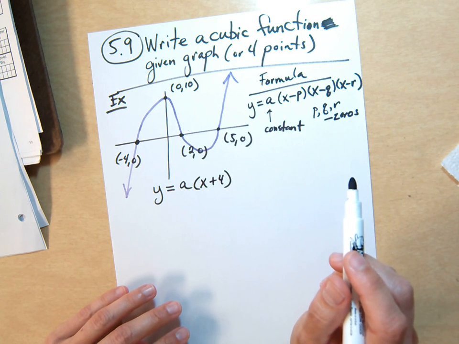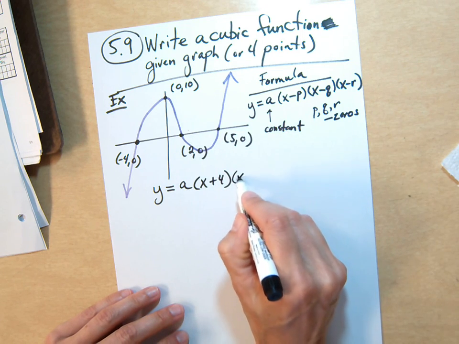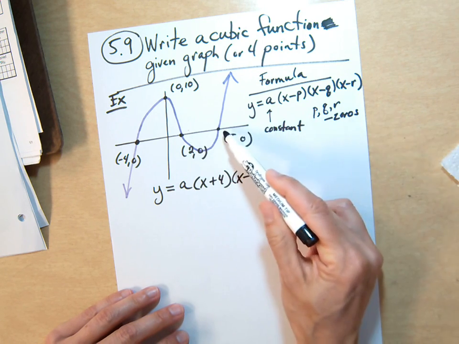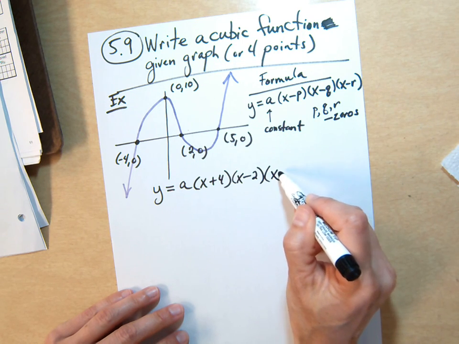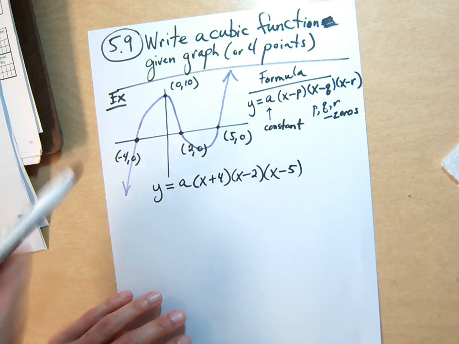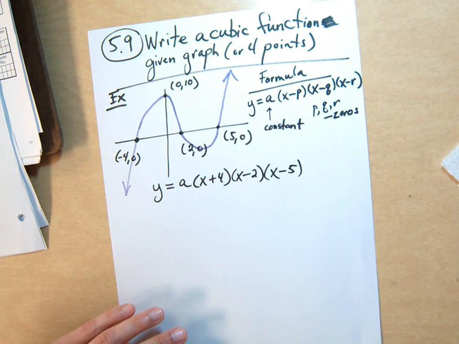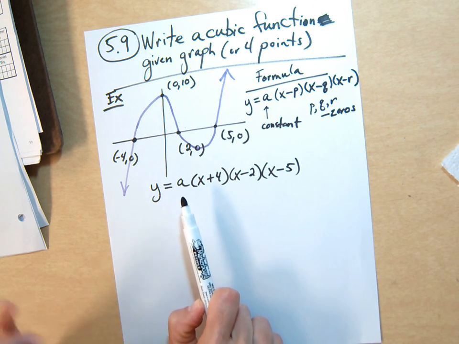And then our other zero is 2, the factor is x minus 2, good. And our other zero is 5, we use x minus 5, perfect. And now, why do you think we need the 4th point to solve for a?